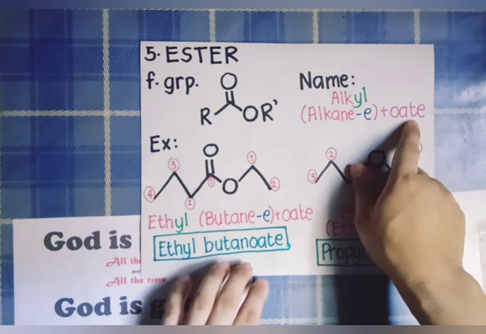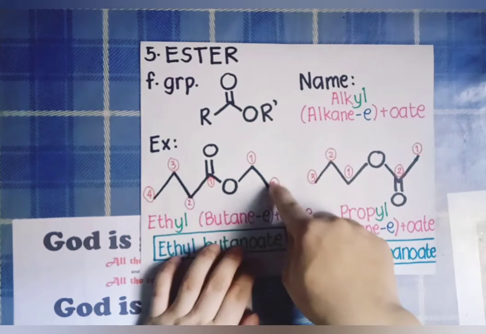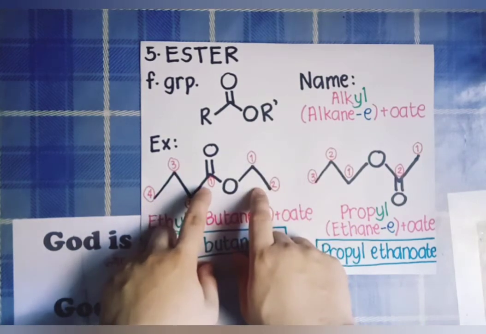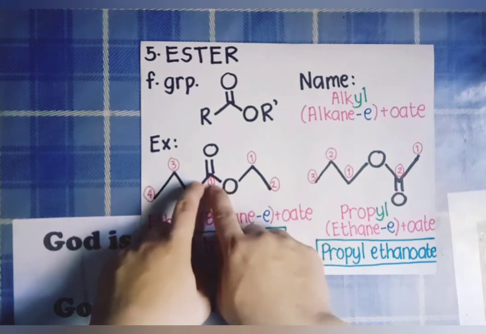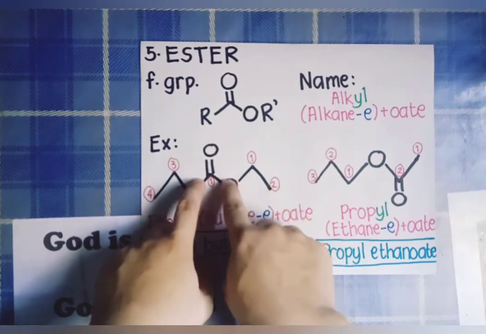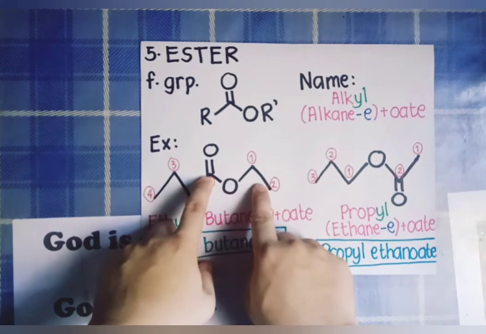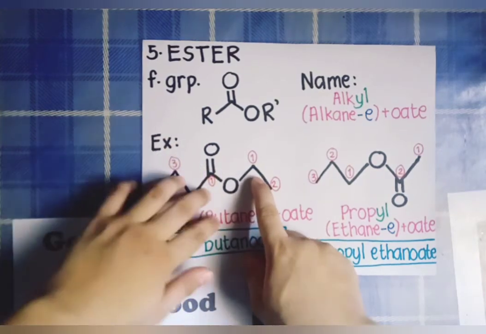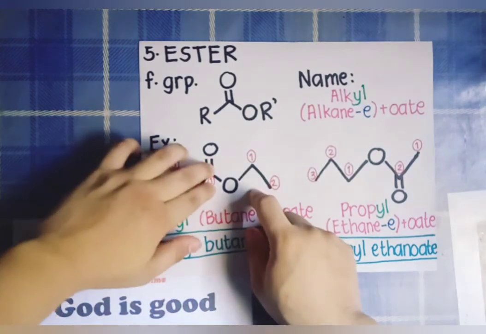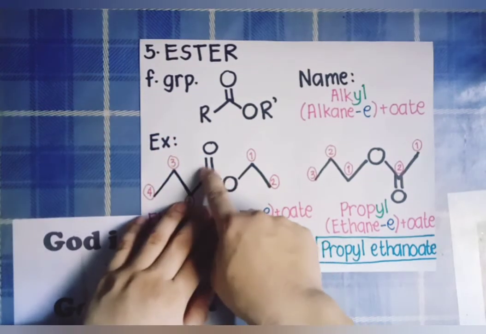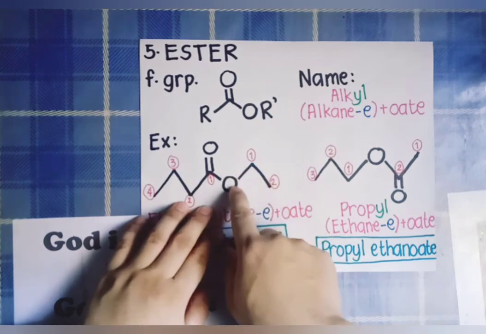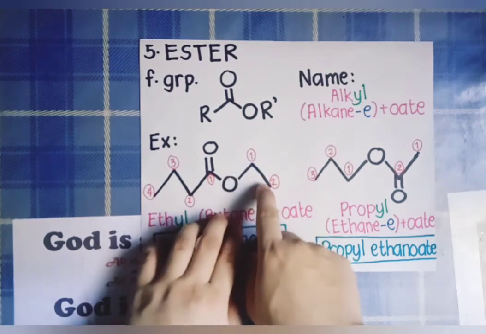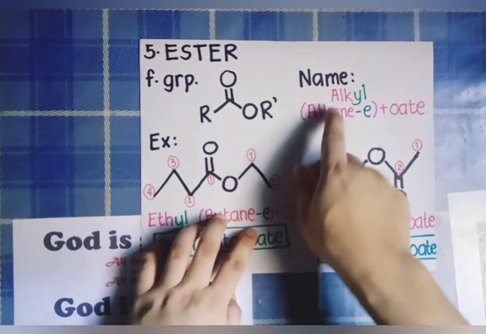Now, let's give an example. Let's have this molecule, and obviously this molecule has an ester functional group: C double bond O, O, and another chain of carbon. Now, we have two chains of carbon, this chain and this chain. The first chain consists of the C double bond O, and the second chain is directly attached to oxygen but doesn't have the C double bond O. This one will be named as alkyl.